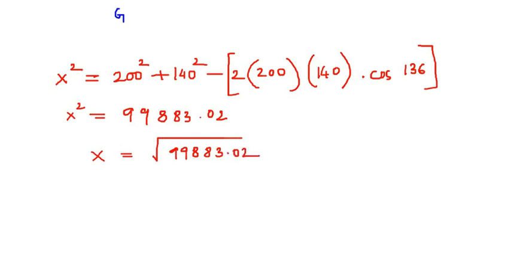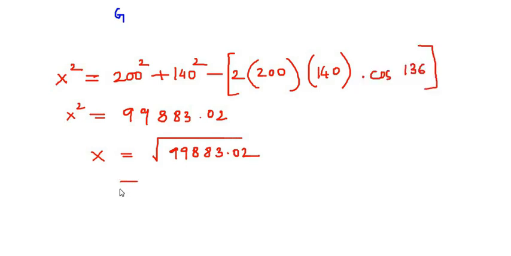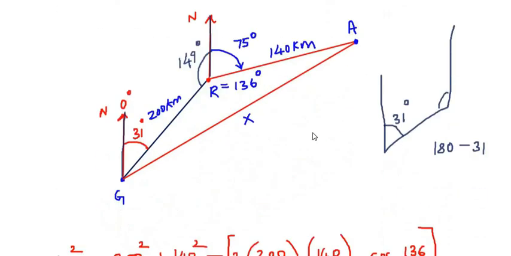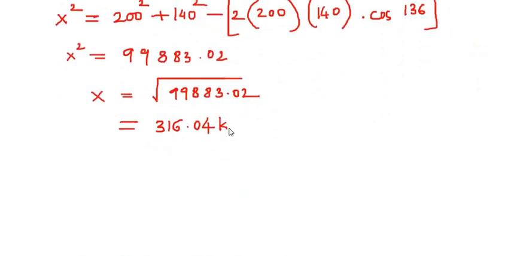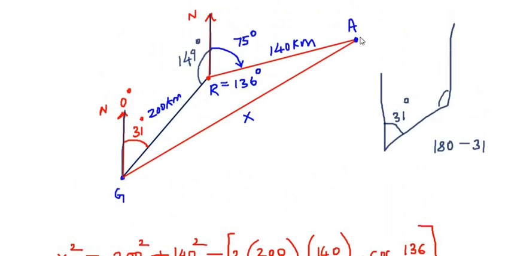So let us check what we get. Square root of answer equals 316.04. So 316.04. Was it in kilometers? Yes, it was in kilometers. This is kilometers. So this is the distance between Geneva and the airplane.